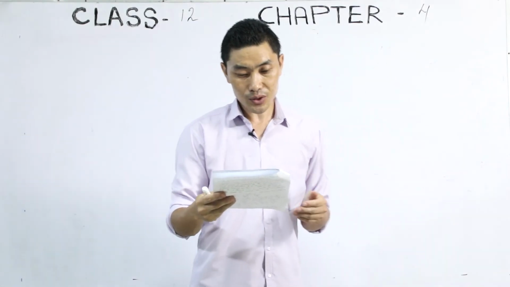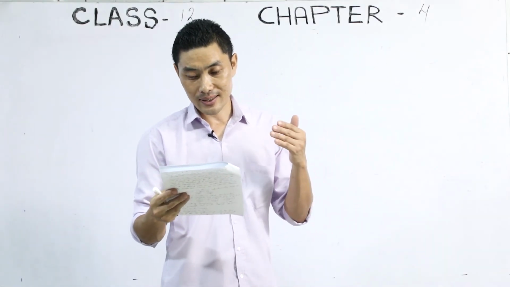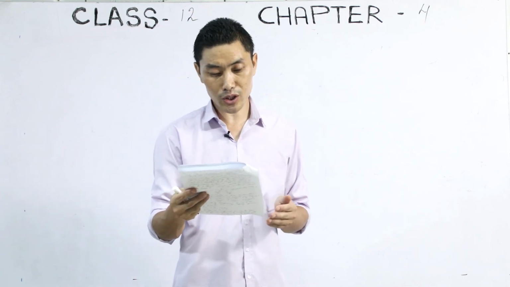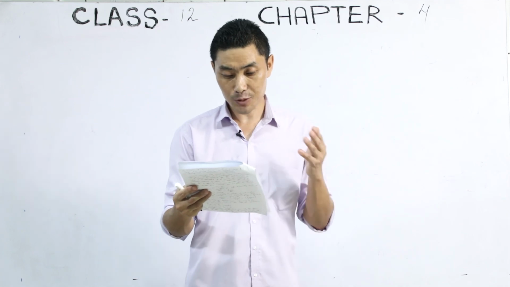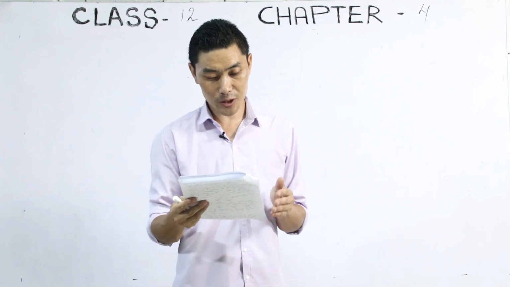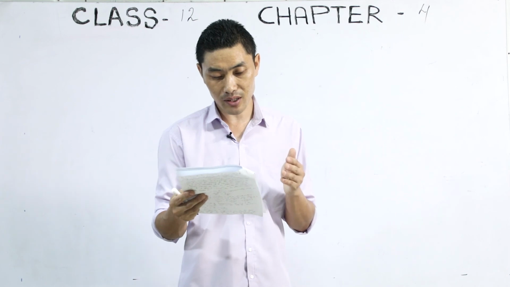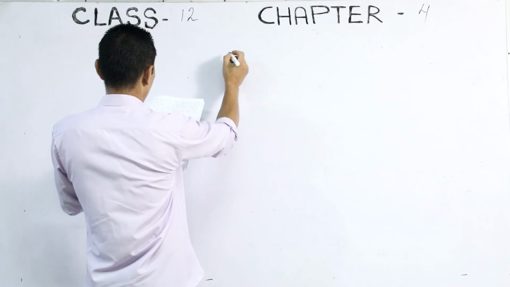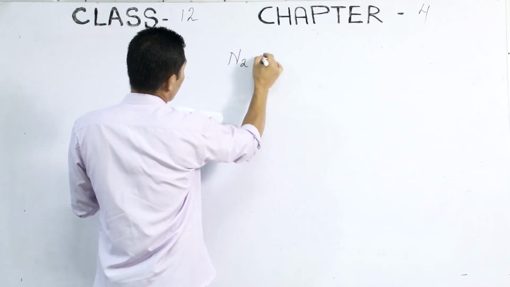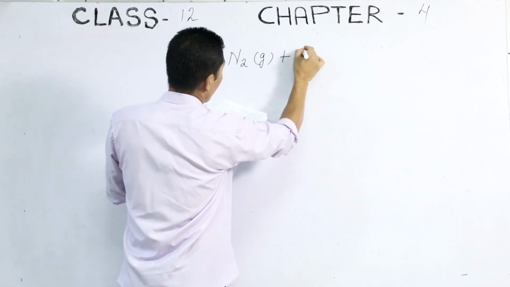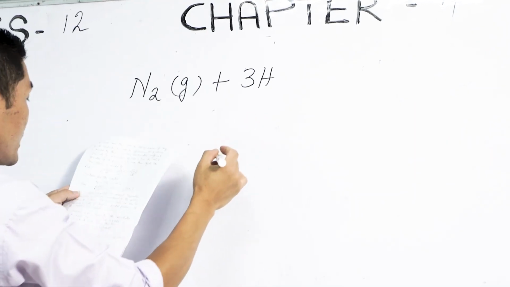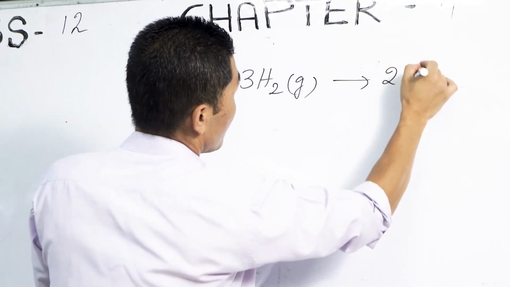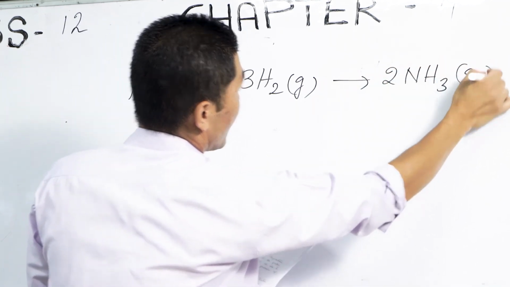Now for gaseous reactants, when the temperature is constant, concentration is directly proportional to the partial pressure of a species, and hence rate can be expressed as rate of change in partial pressure of the reactants or products. Suppose we have a reaction in which nitrogen and hydrogen, both of them gases, react to form ammonia, which is also a gas.